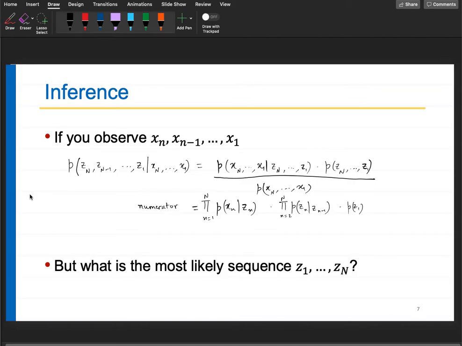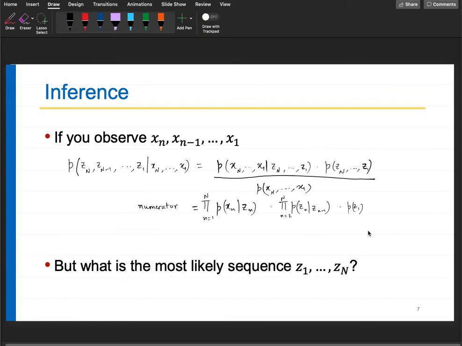For this, again, you can use Bayes' rule, because you know P of X given Z from your model. So this is what you have written, and it basically boils down to the joint distribution of X comma Z, right? The same thing.